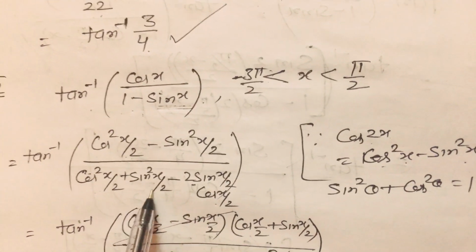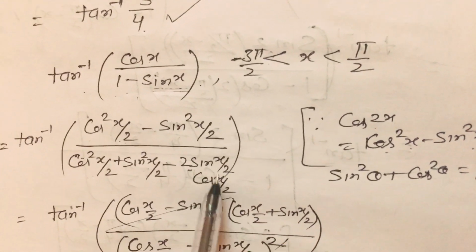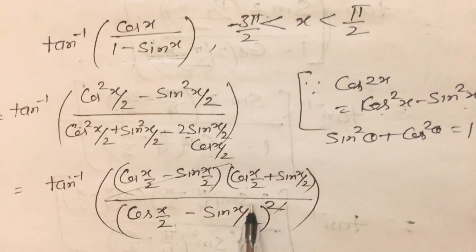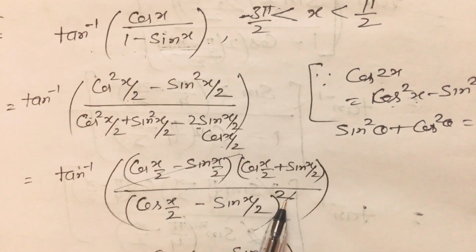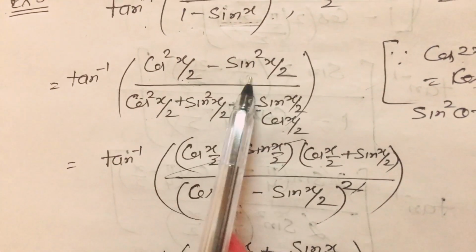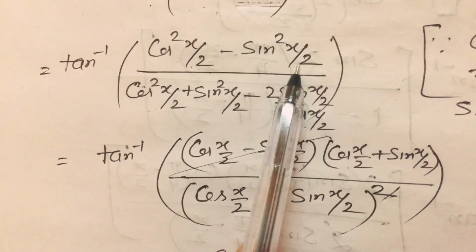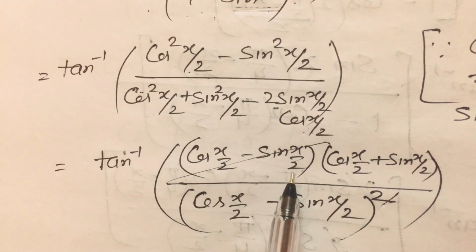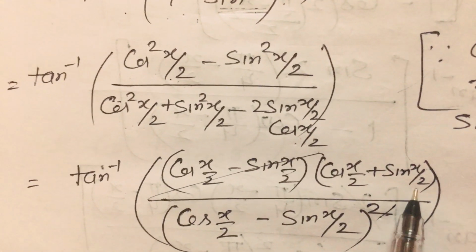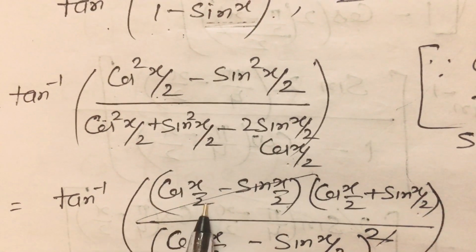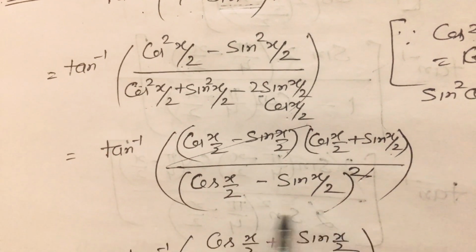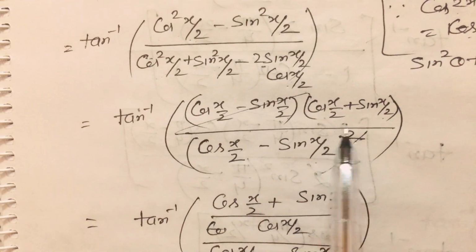So cos square x/2 plus sin square x/2 minus 2 cos x/2 sin x/2 will be cos x/2 minus sin x/2 whole square.